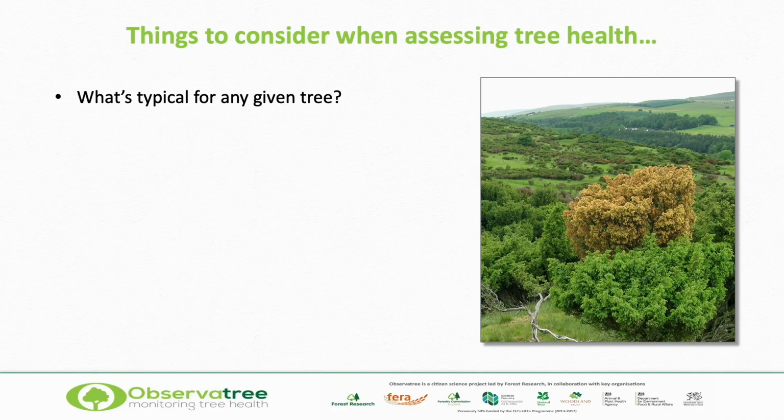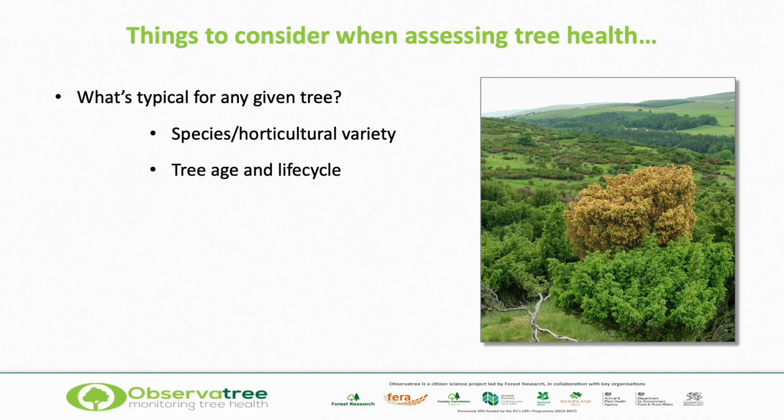I don't like using the word normal. I think typical is more useful. So what is typical for any given tree? So that applies to the species, and probably not so much of a concern for yourselves, but in parks and gardens, horticultural variety too. What's typical? What does it look like most of the time?